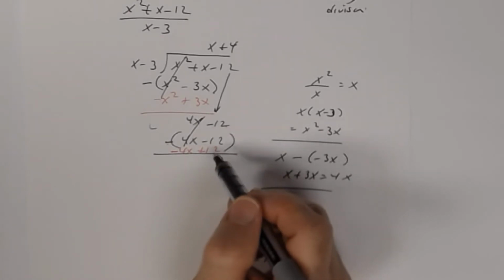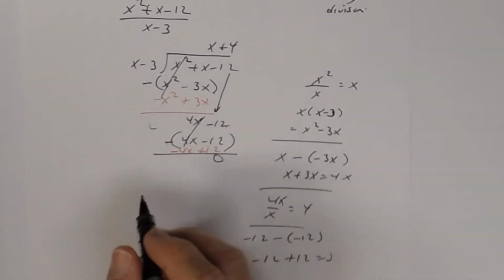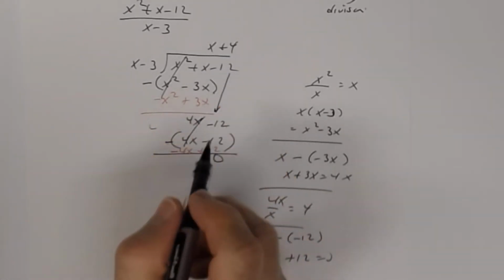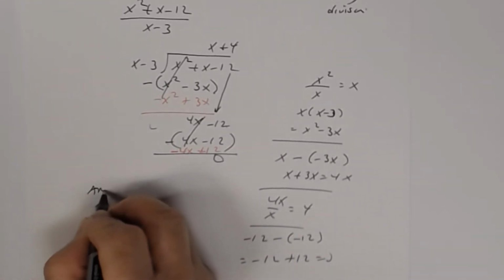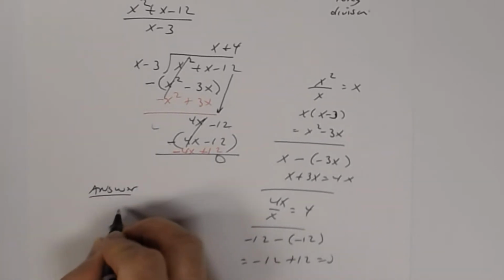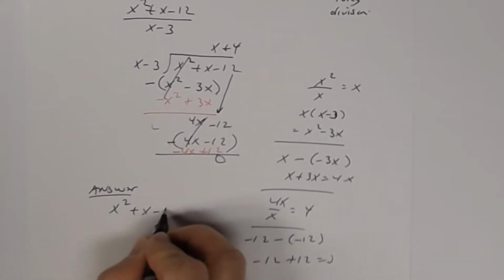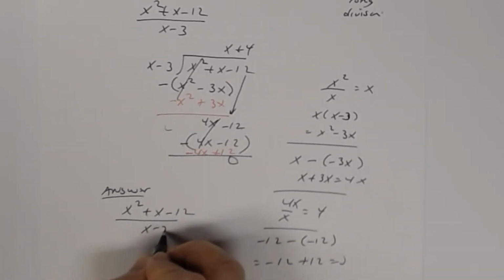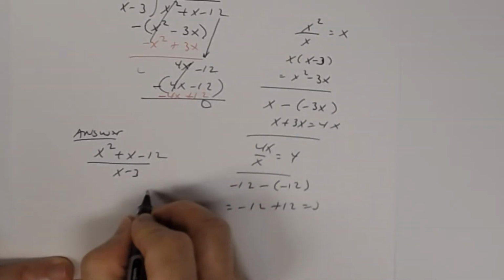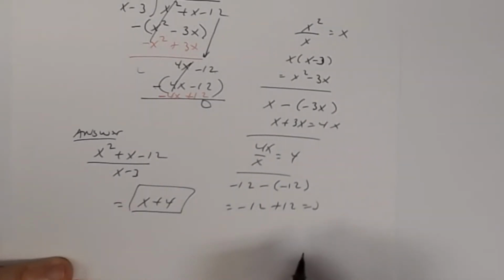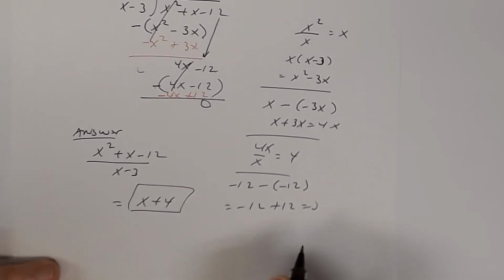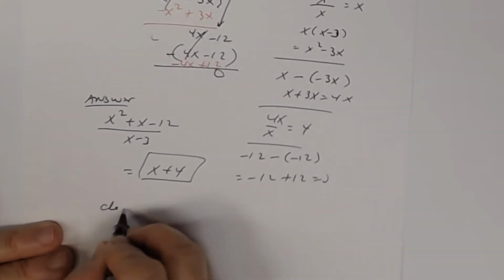And then negative 12 and 12 is 0. So your quotient is x plus 4, and remainder is 0. So you would say as your answer, x squared plus x minus 12 divided by x minus 3 is going to equal x plus 4. Okay, that's your answer.